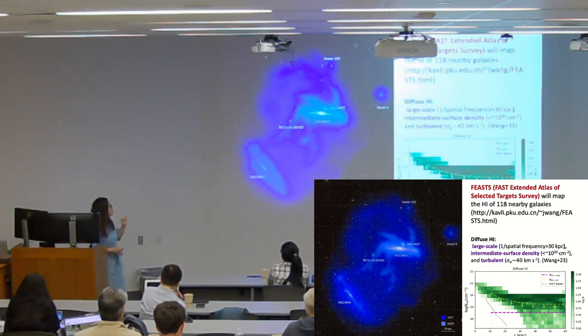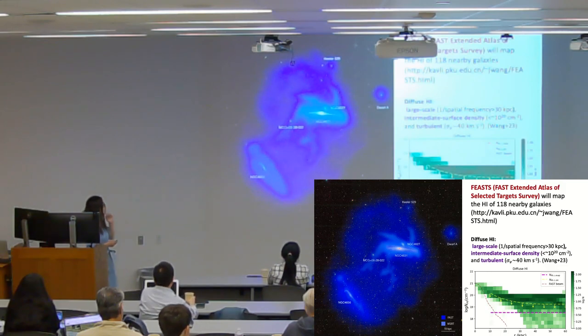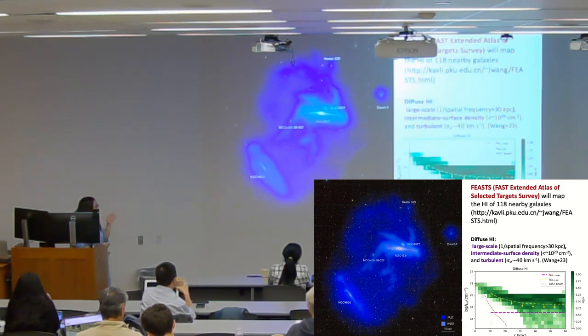So it's a halo-like structure and really widespread. That accounts for around 25% of H1 in the whole system and more than 3/4 of the H1 in the IGM.